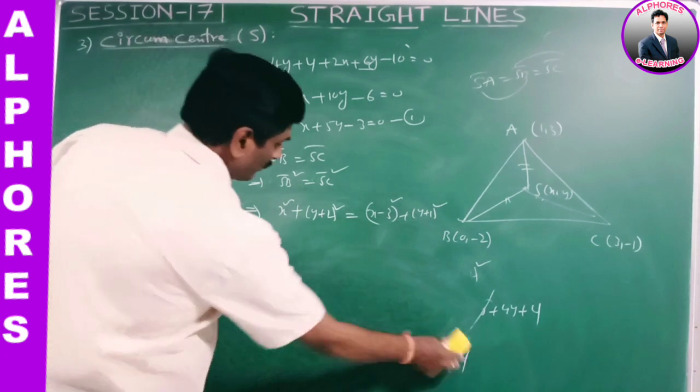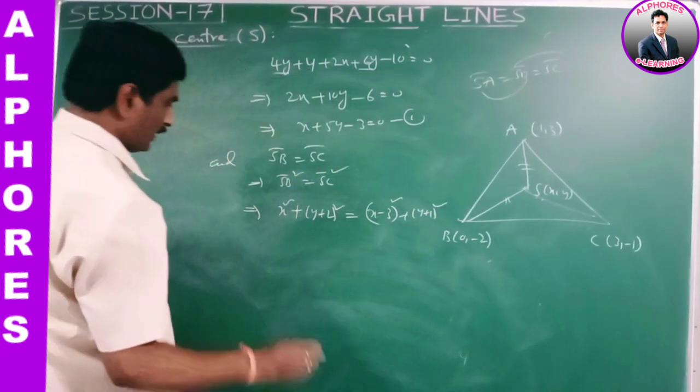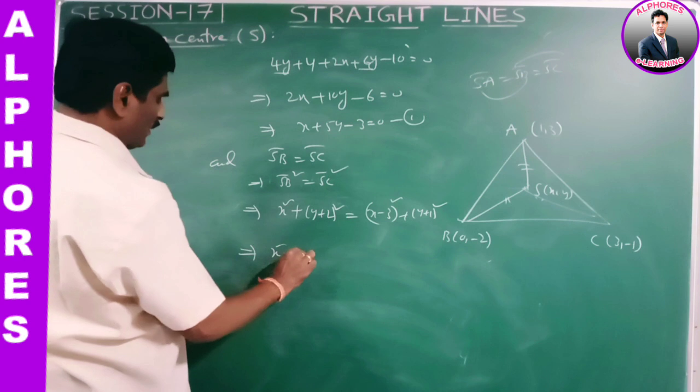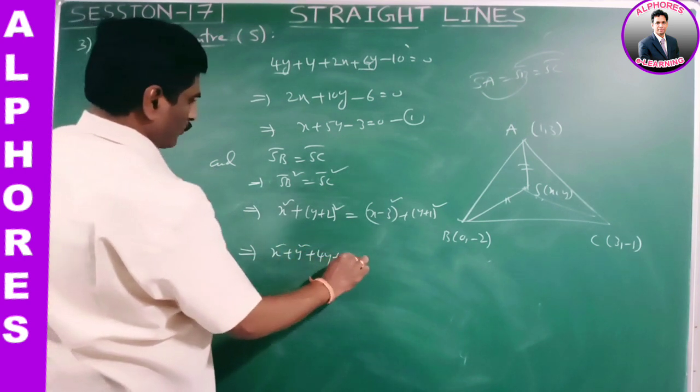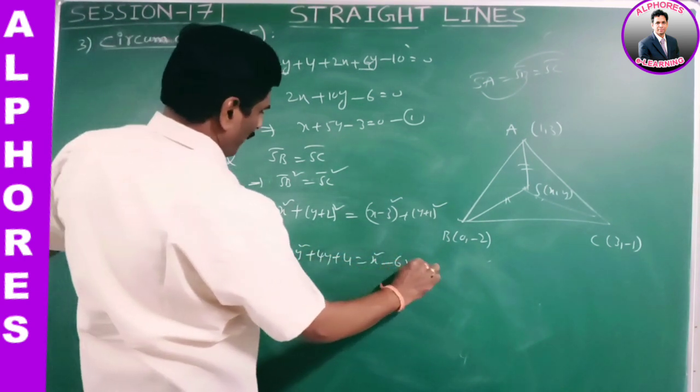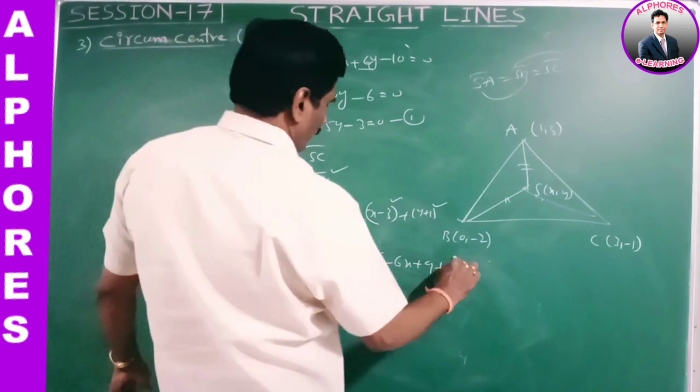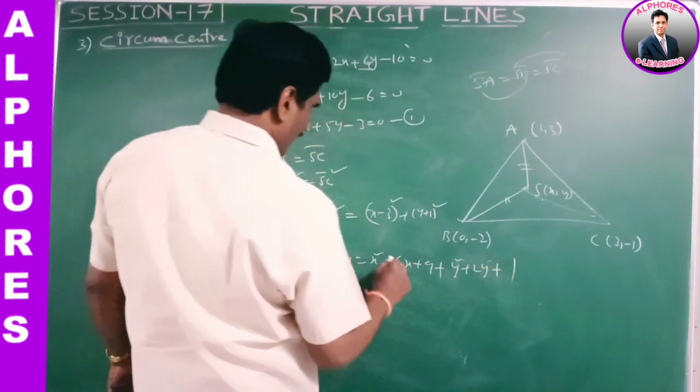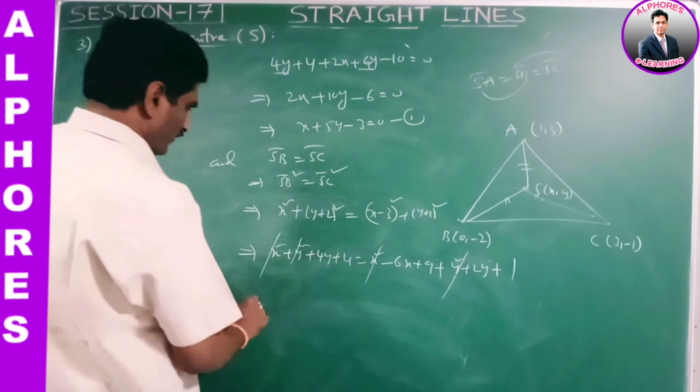That implies x² + y² + 4y + 4 = x² - 6x + 9 + y² + 2y + 1. Here x² and y² cancel.